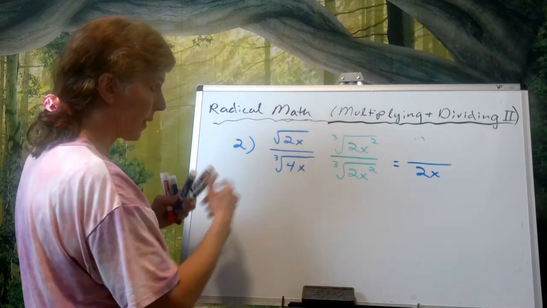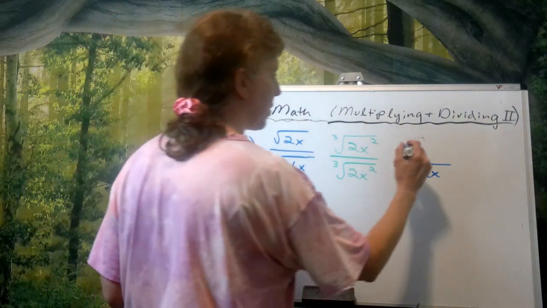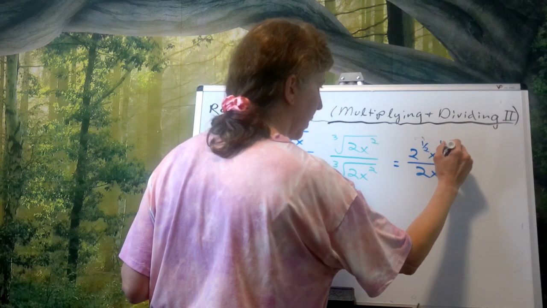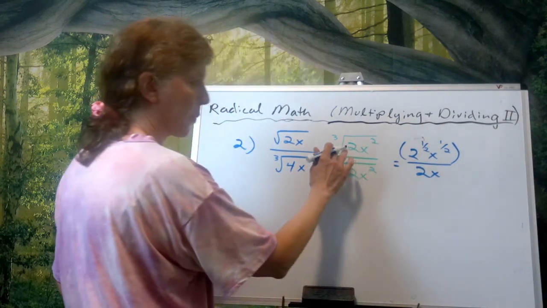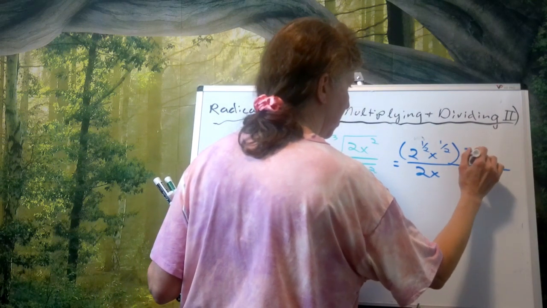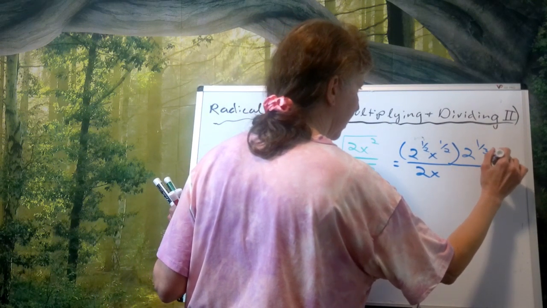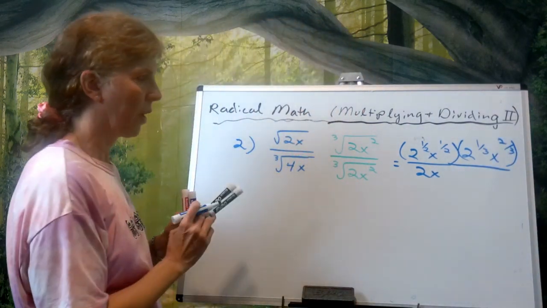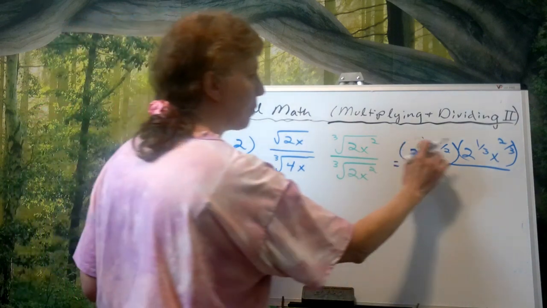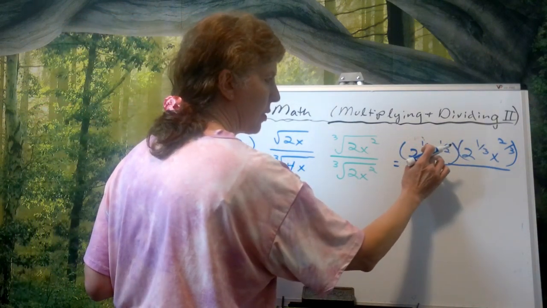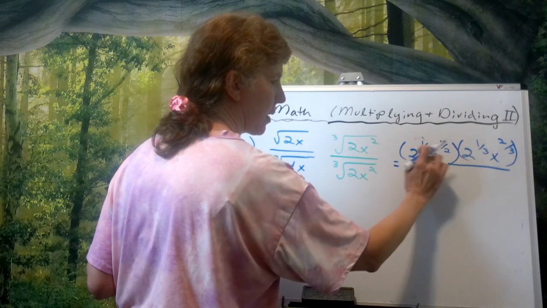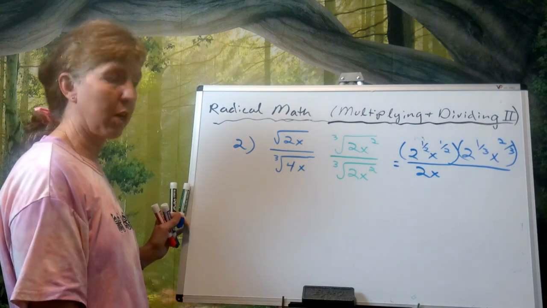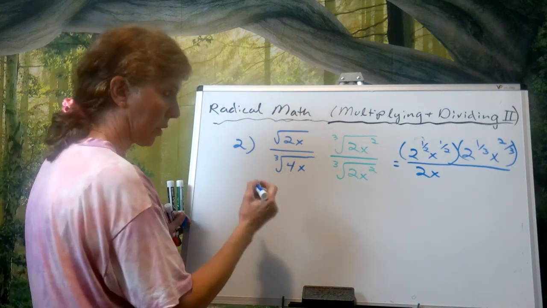I'm going to rewrite this in fractional exponents, so that'll be 2 to the 1/2, x to the 1/2. And this one will be 2 to the 1/3 and x to the 2/3. Okay, now I can combine my numerators because we have bases that are the same, the 2's and the x's. So we need common denominators with the 2's, which I'm going to choose 6.